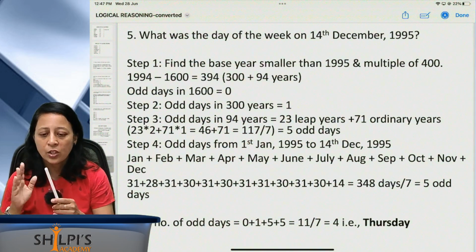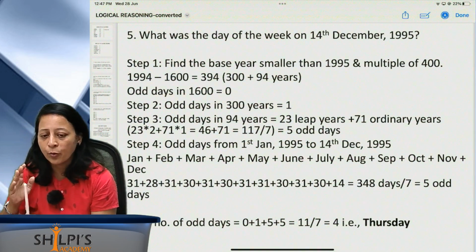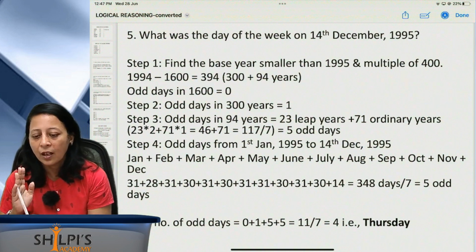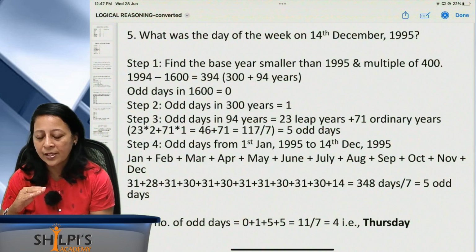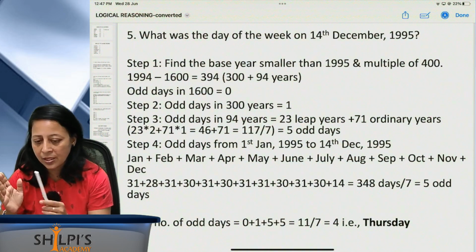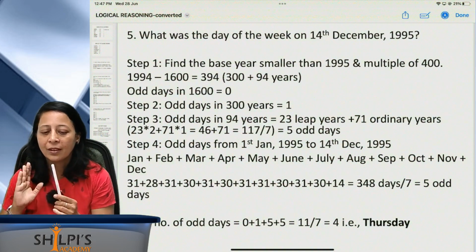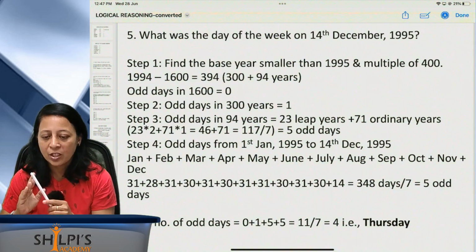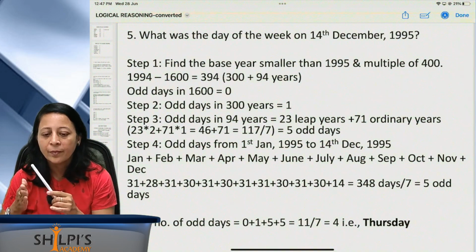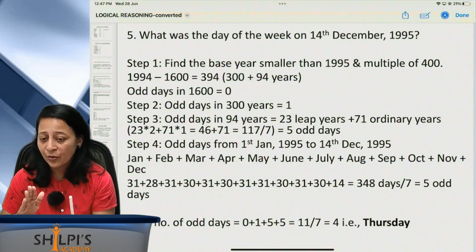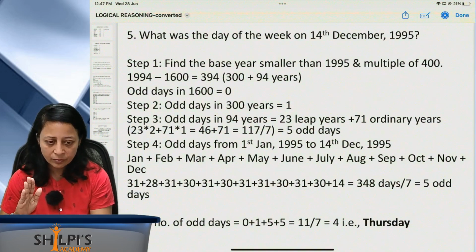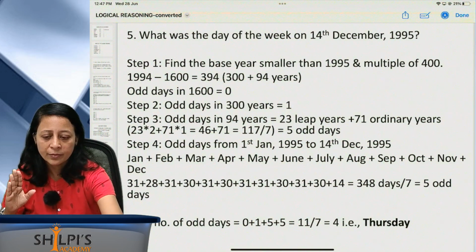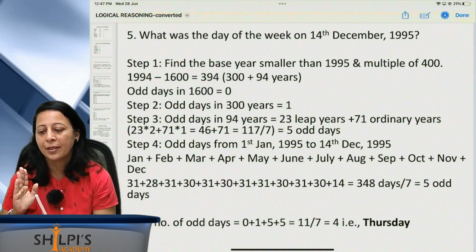So for the odd days from 1st of January to 14th December, you can either count the odd days themselves or take the total number of days of the whole months divided by 7. So January 31, February 28, March 31, April 30, and so on. 1995 is not a leap year, so February has 28 days.